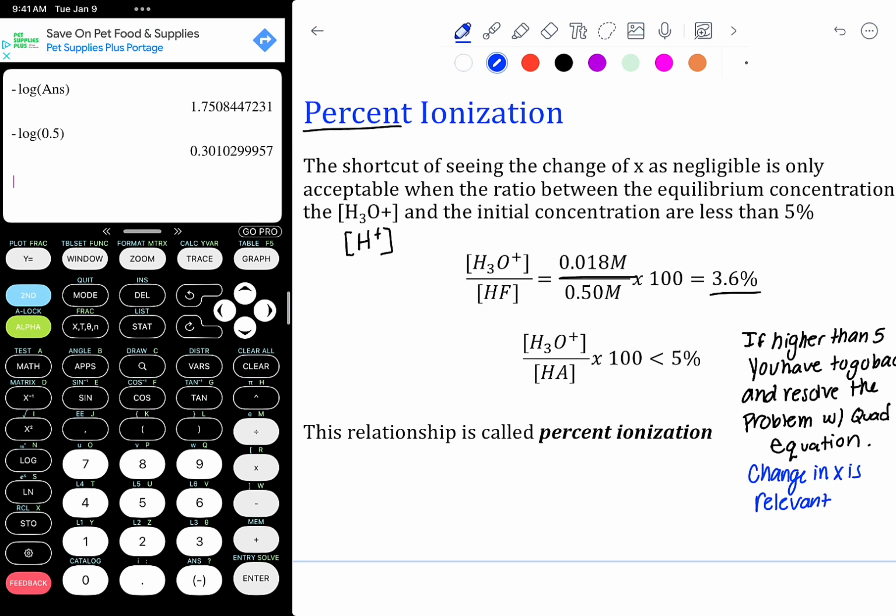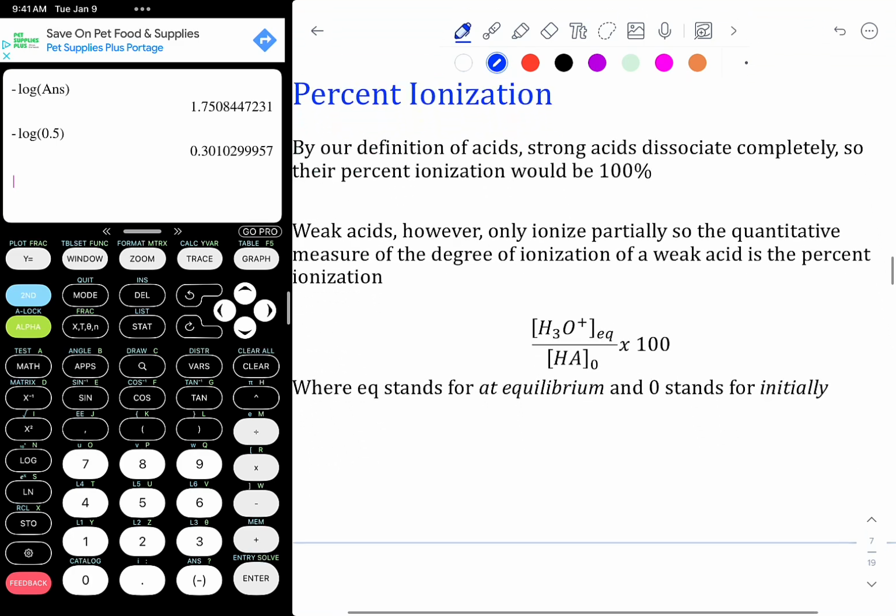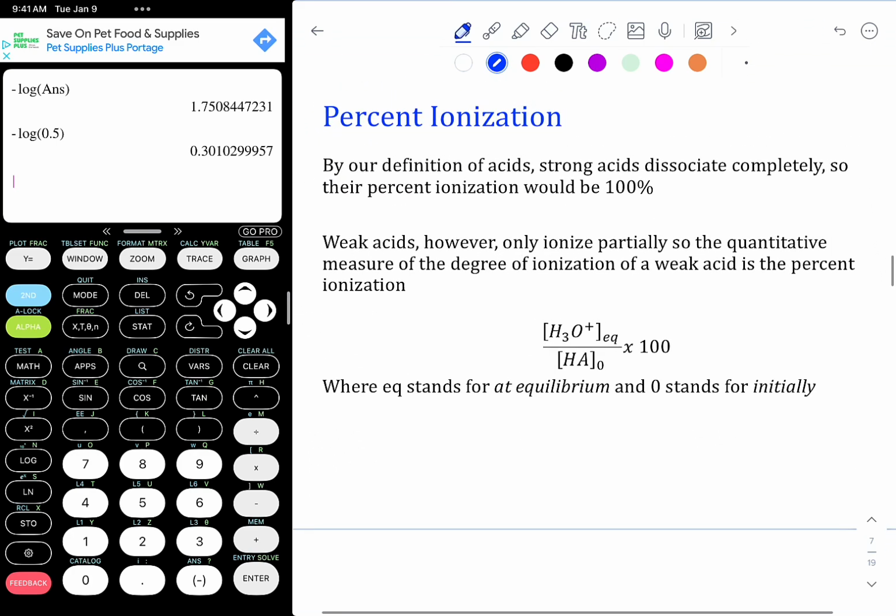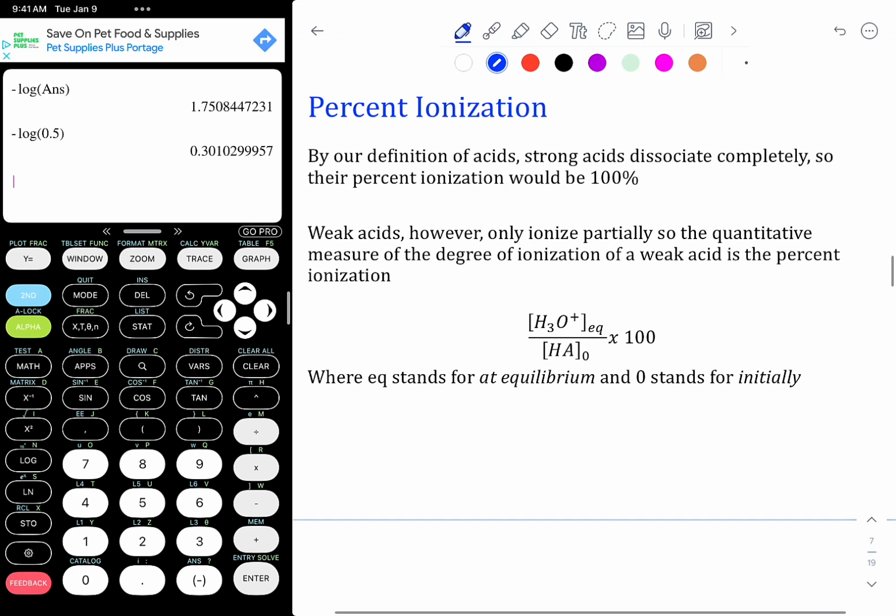So the ratio between the H3O plus concentration and the initial concentration of the weak acid, multiplied by 100, is called the percent ionization. Now I'm just talking about this portion of it. The less than 5% portion is relating to if we can see X as negligible. So, by our definition of acids, strong acids dissociate completely, so their percent ionization would be 100%.